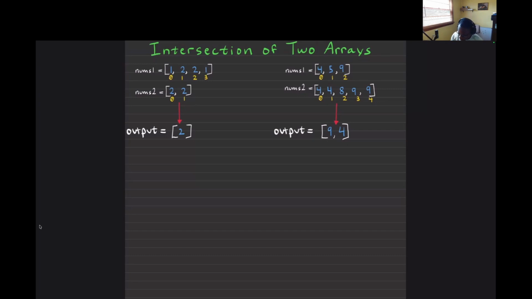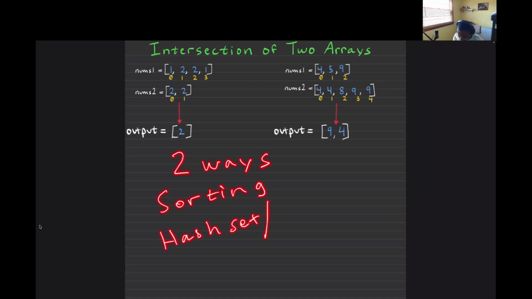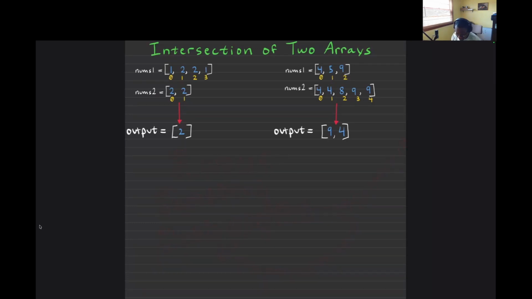So there's actually two ways you can solve this. You can do sorting, and you can use a hash set, or you can use a hash map. Okay, we're gonna take this approach and I'll be using a hash set. So the logic is we're going to convert nums1 into a set.